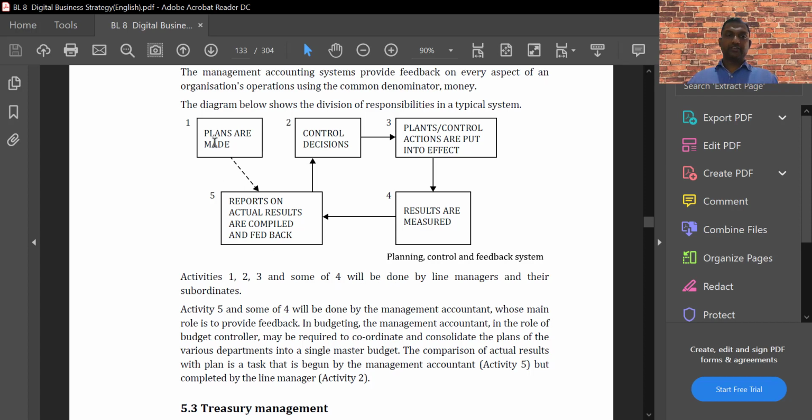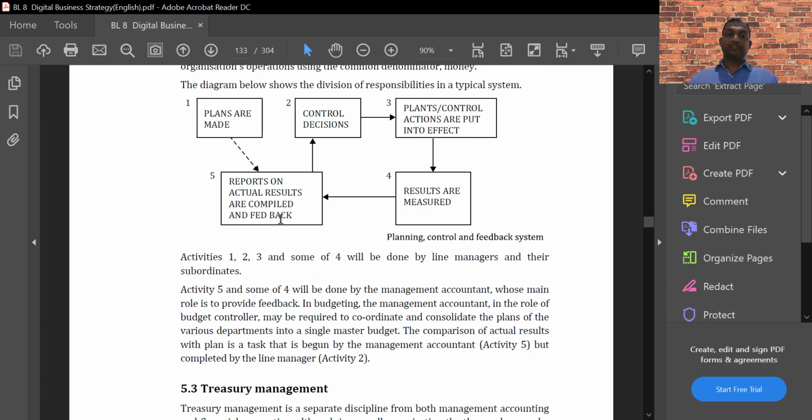So line managers will make the plans, line managers will have the control decisions in place. Then based on those decisions, control actions are put into effect, are done by line managers, and some of the results are also measured by the line managers. But the last 2 activities, mainly having the reports with the actual results and the feedback, will be done by the management accountant. So the main role of the management accountant in this situation is to provide feedback.